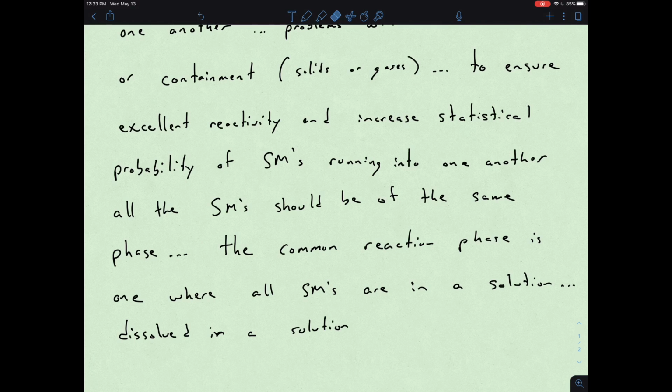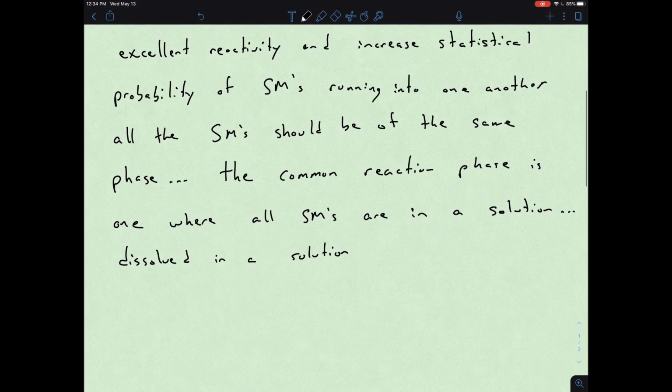So that allows these molecules to be the same phase, and now they can react with one another on a one-to-one basis, in this solvent, which is inert to the process. So, those are some of the terms going forward.